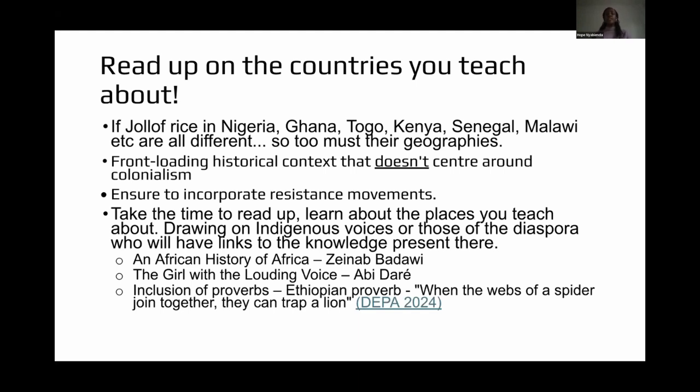You could encourage your children to read it if they're learning about Nigeria in particular. And also try to include proverbs from different countries. For example, there was an Ethiopian proverb from the recent Decolonizing Education for Peace in Africa project. It brought together lots of the indigenous knowledge, and they drew on proverbs quite a bit in how they went about the project.